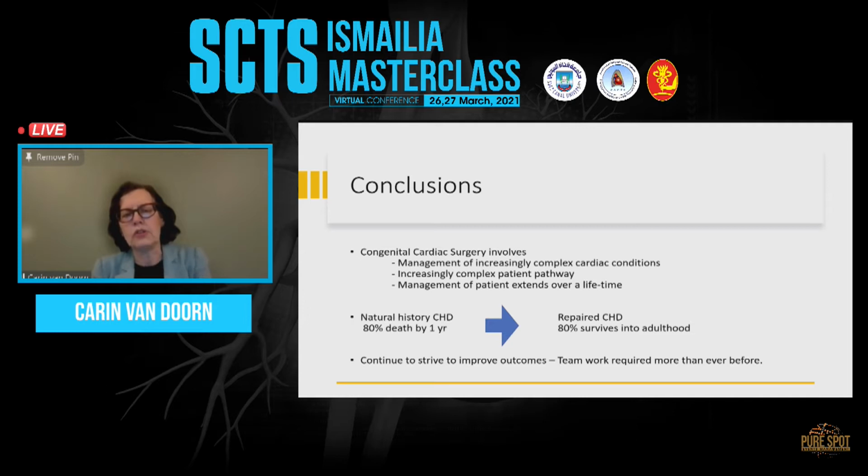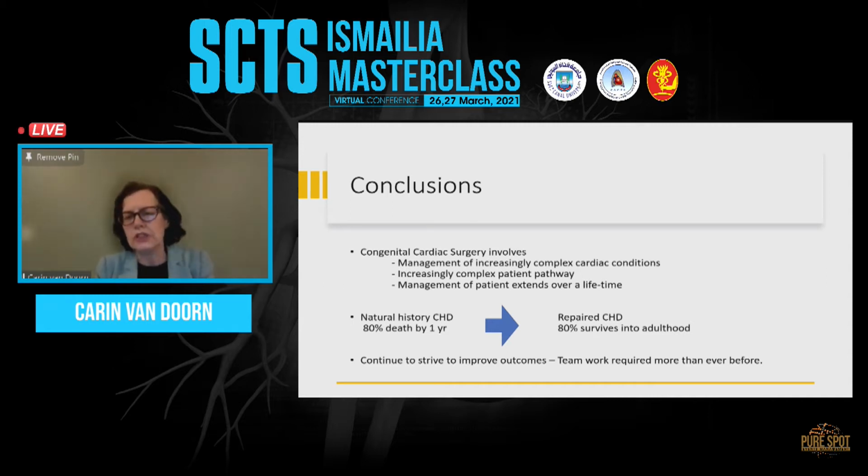So in conclusion, congenital cardiac surgery involves the management of increasingly complex cardiac conditions. It is an increasingly complex patient pathway, and the management of patients extends over a lifetime. However, with this approach, we've changed the natural history of congenital heart disease, whereby 80% of patients died at 1 year, to a situation where if we repair congenital heart disease, 80% of patients will survive into childhood.